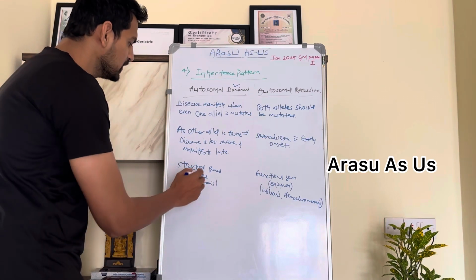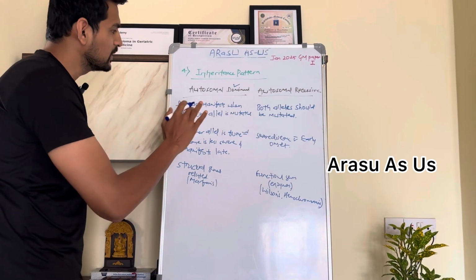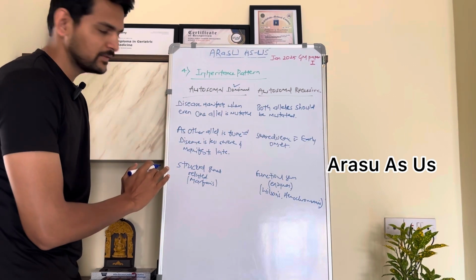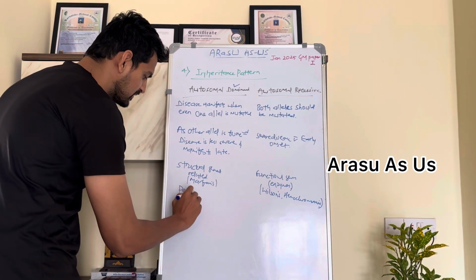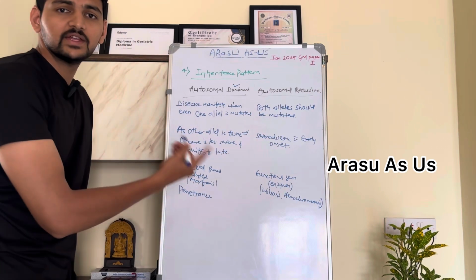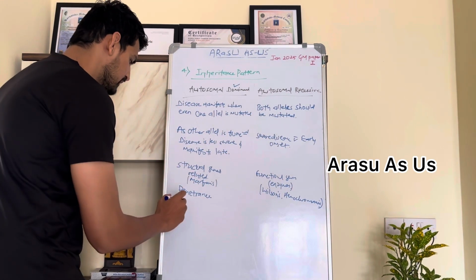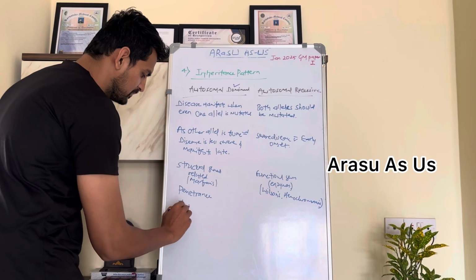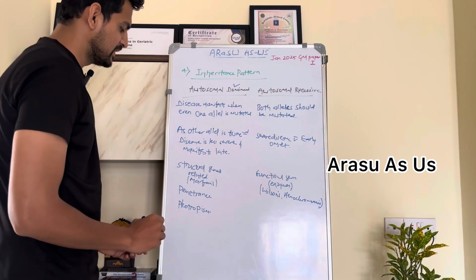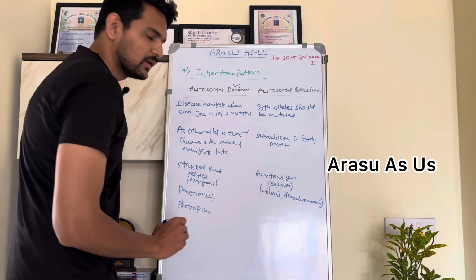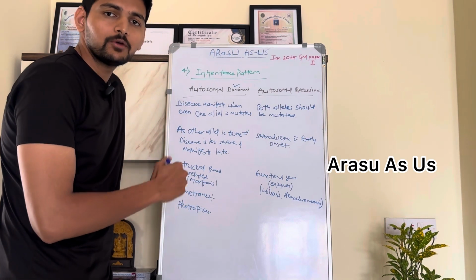Then, coming to the next difference, whenever we are comparing autosomal dominant and recessive disorders, we have to keep in mind two things. One is, how will be the penetrance of disease in the upcoming generation? Then, what will be the pleiotropism? To understand these two terms, see, penetrance means, when the genotype is affected, what will be the phenotype?